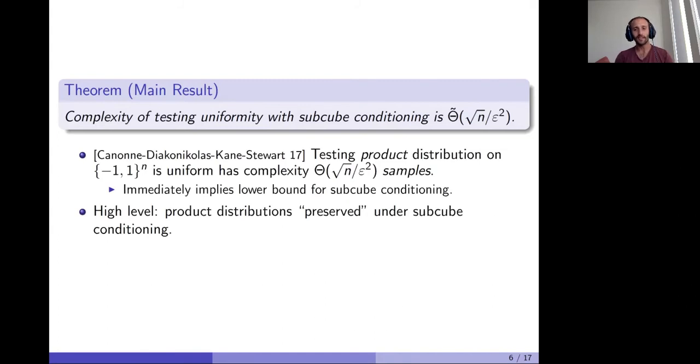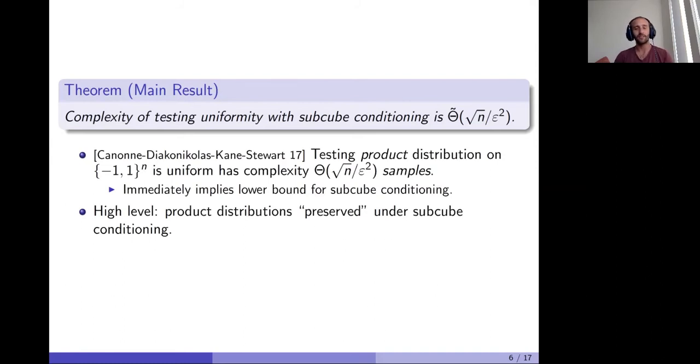And the reason is that subcube conditioning tells the oracle to sample conditioned on a particular variable being set to some value. But if we are considering doing this on product distributions, then conditioning on a particular variable being set to some value has no bearing as to whether some other variable is going to be set.